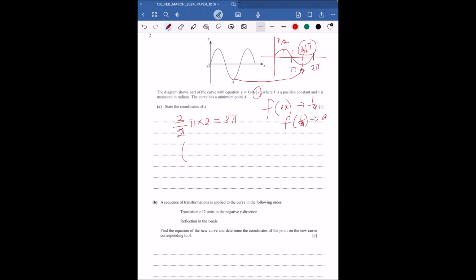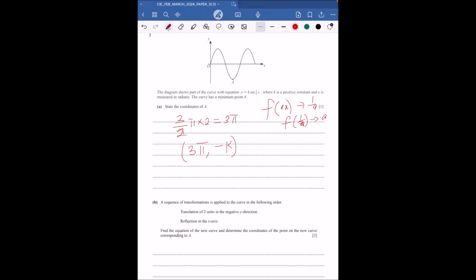You remember here is 1, here is minus 1. Similarly, here is k, here is minus k. So my coordinate will be 3 pi, minus k. Guess that's clear. So that is my coordinate.